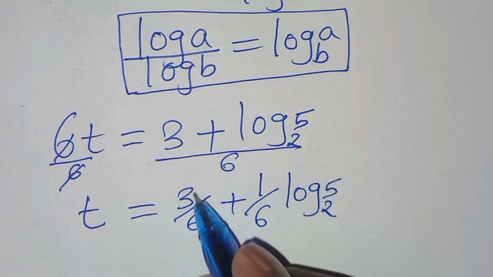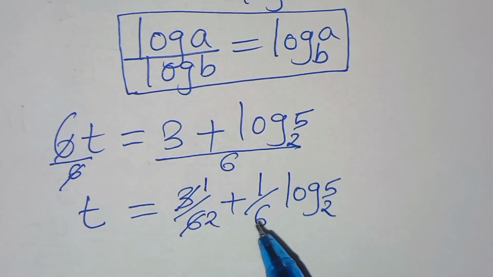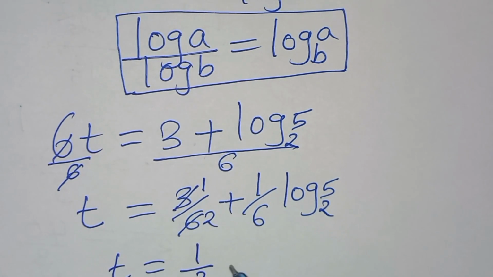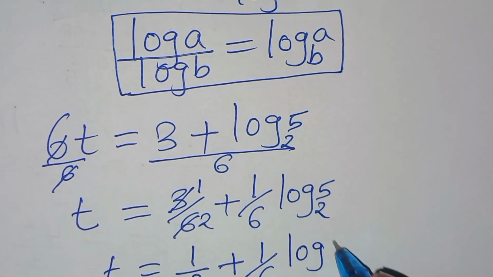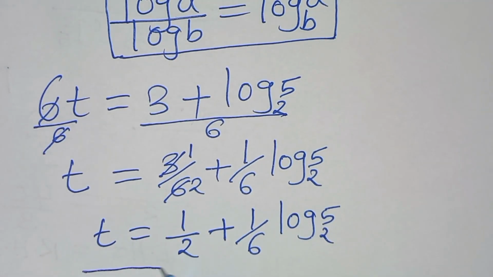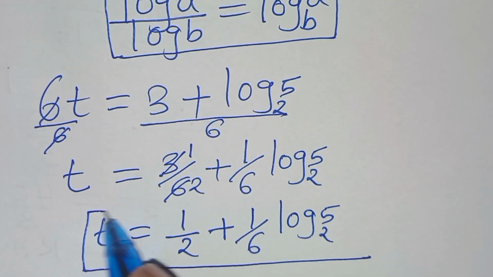So let's simplify here by 3, 1, by 3, 2. So t is equal to half plus 1 over 6 log 5 to base 2. Now, this is the value of t.